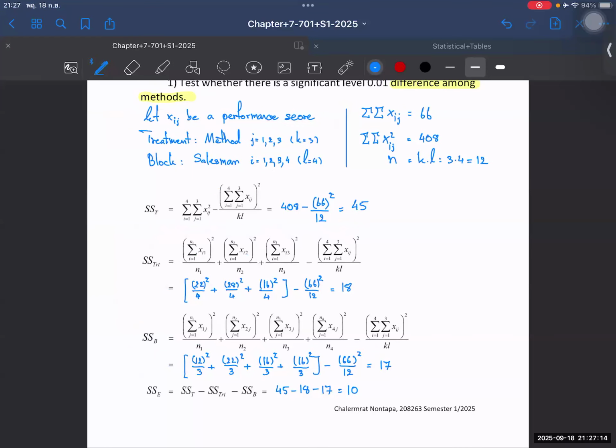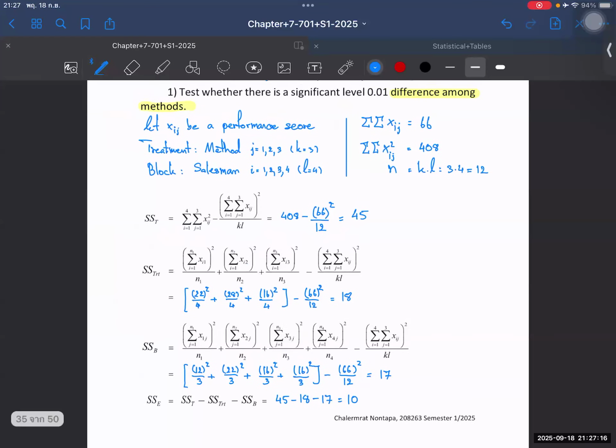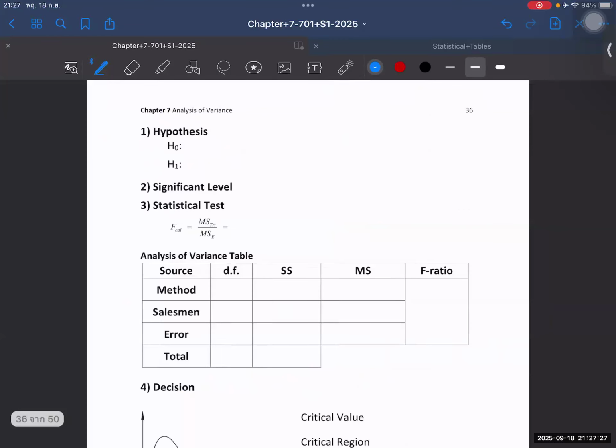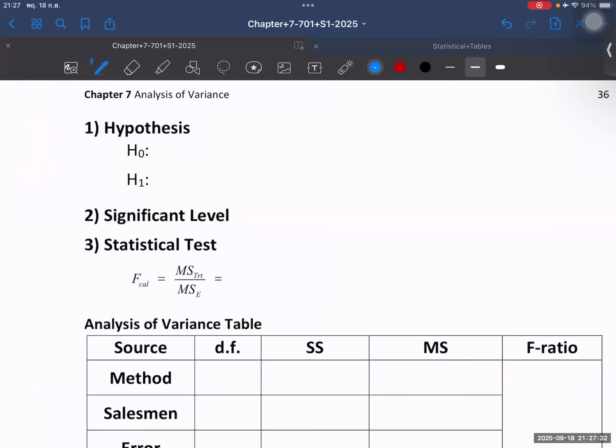Now we want to construct the two-way ANOVA. So I want to test the treatment.